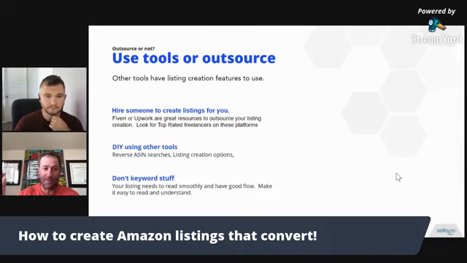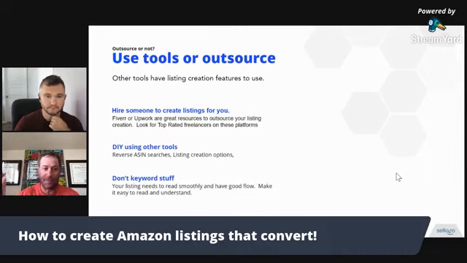There's other services, Merchant Words. I know they do listings as well. They'll do the whole deal for you. So you can definitely use those tools. And then you can use tools like Helium 10 or Jungle Scout. They actually can walk you sort of through the entire process of finding your keywords.